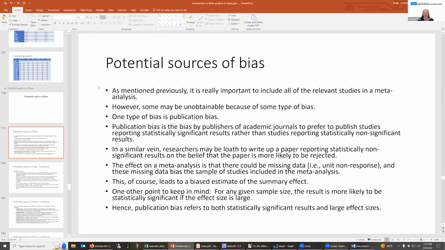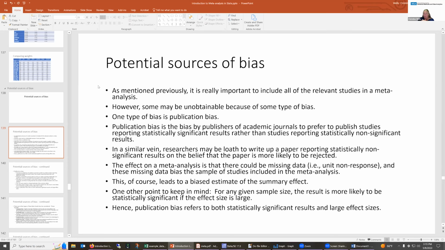The idea is that these studies, for some reason or another, have a larger effect size, or a more precisely estimated effect size. And precision, as we have discussed, tends to move with N, so this might be a larger study. And so the smaller studies with the less precisely estimated effect size might not get published.